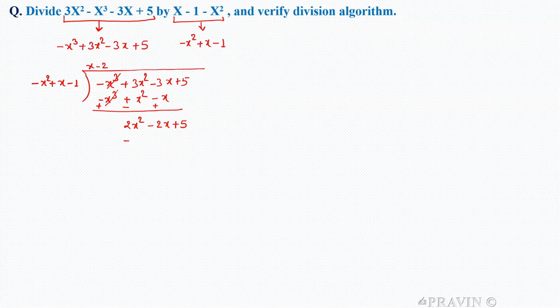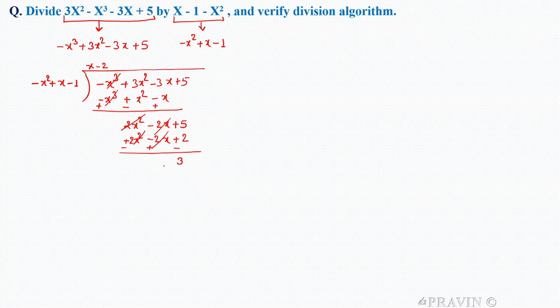You will get minus minus plus 2x square, and this plus into minus 2 will give you minus 2x, and minus minus will become plus, and this will be 2. And while subtracting you need to change the sign, minus plus minus. This will cancel out, this will also cancel out, and 5 minus 2 will give you only 3.